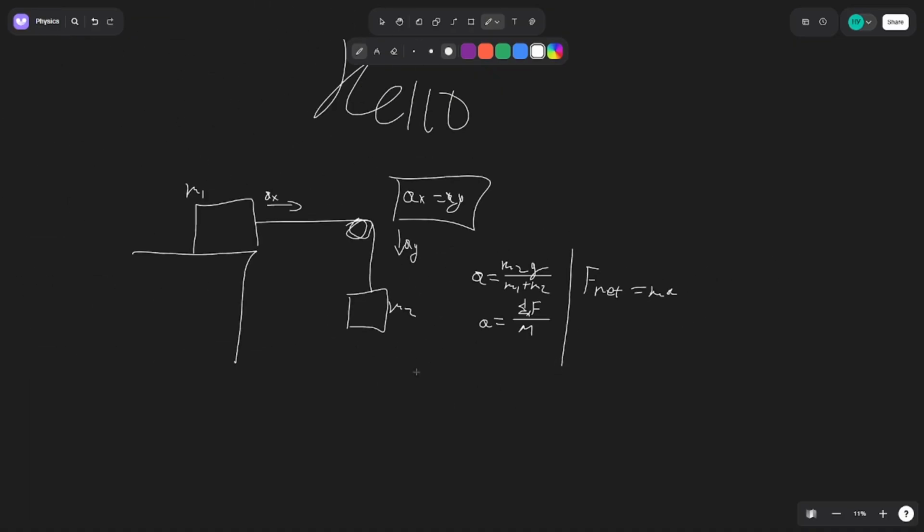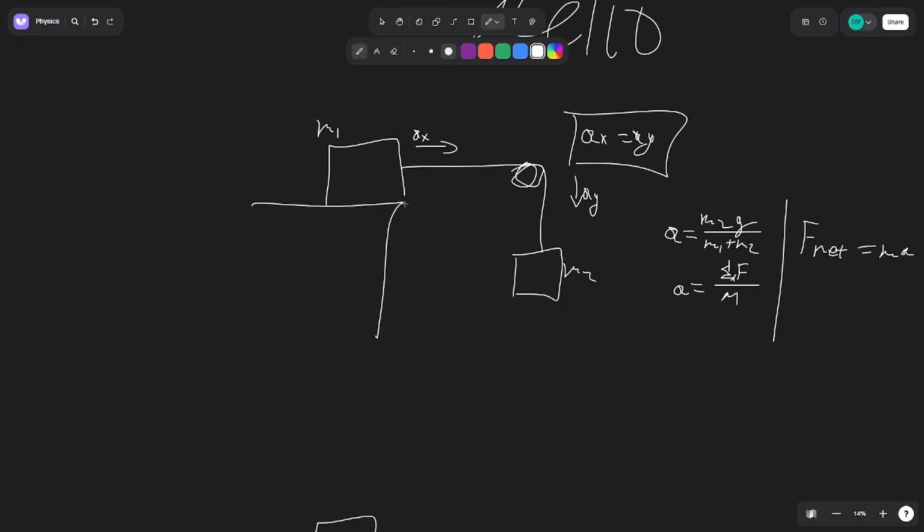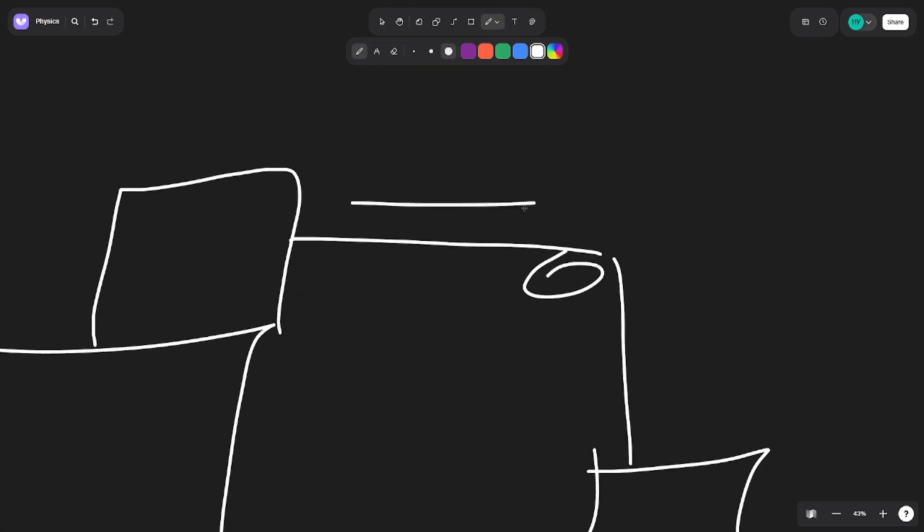So, going further, we need a new pulley system. But can we add some more forces? Like, it's definitely not how things really work, right?